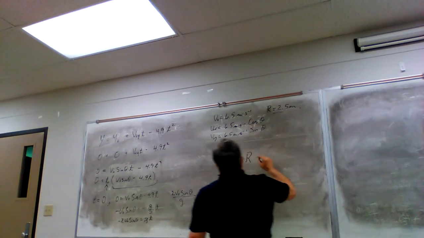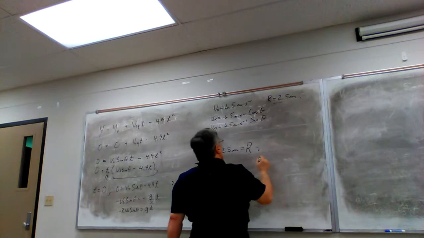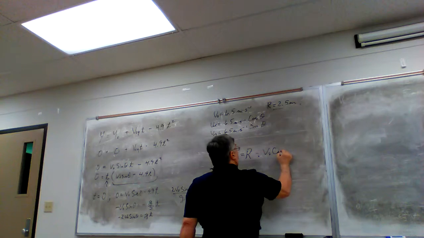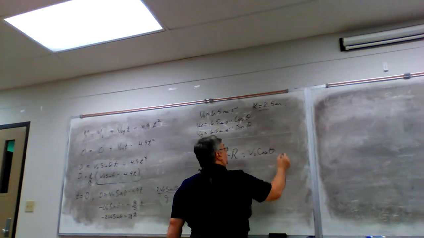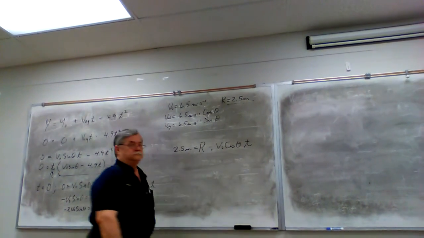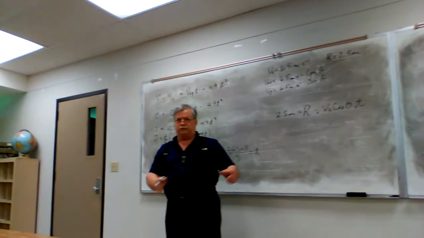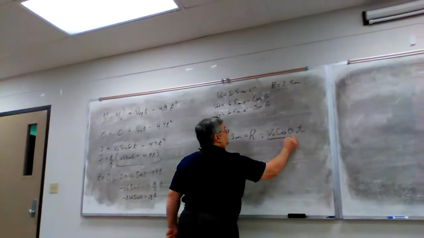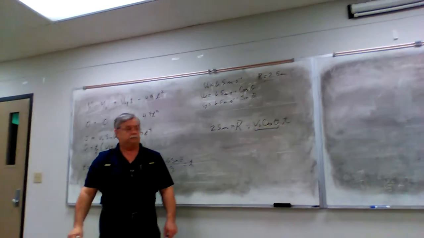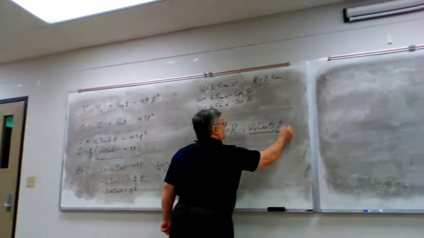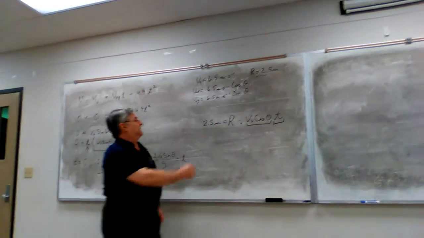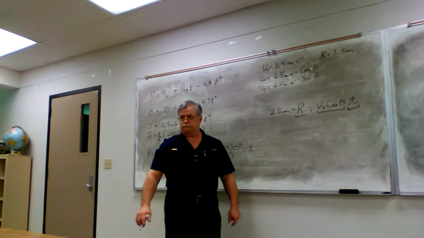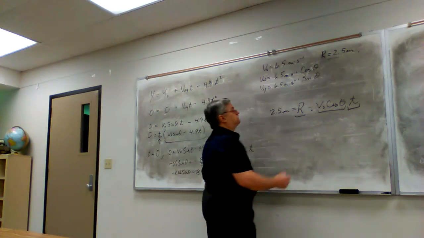That's going to be equal to v sub naught x, which is v sub naught times the cosine of theta times time. Distance equals rate times time. This is the horizontal component of its velocity. This is how long it will be in the air. This is how far it will have traveled. Okay?